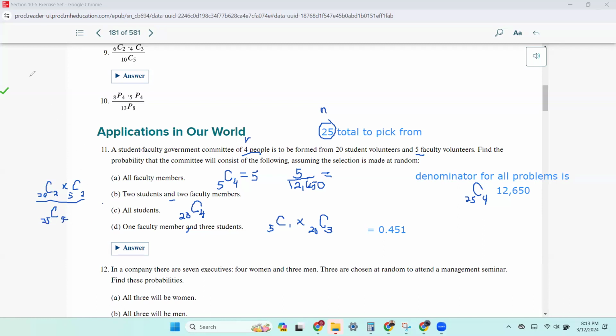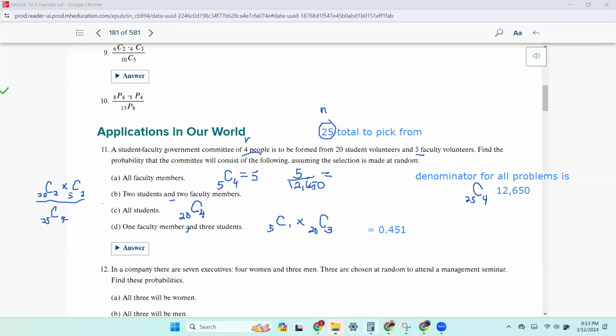I'm just going to show you this pattern, so maybe it'll help you set it up. See, the 2 and the 2 add up to be the 4. So the 2 and the 2 add up to be what the denominator is down here. Same thing on the left-hand side for your n. 20 plus 5 is 25. So if you've got that pattern in there, you should have that set up correctly.